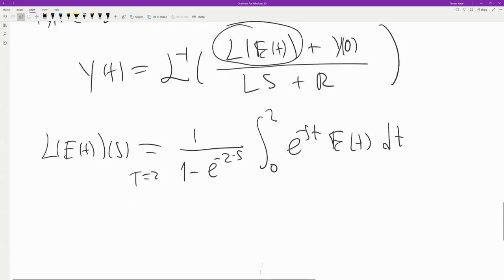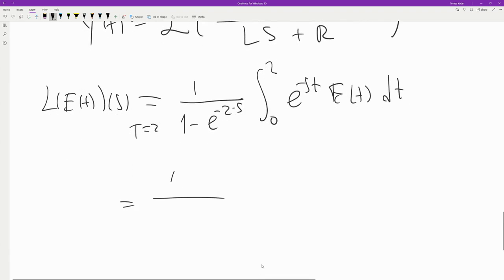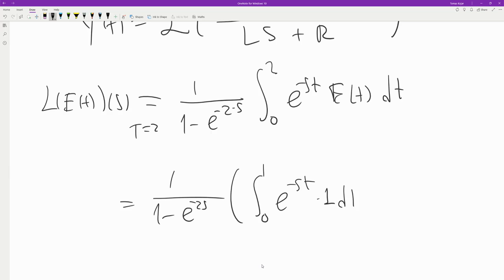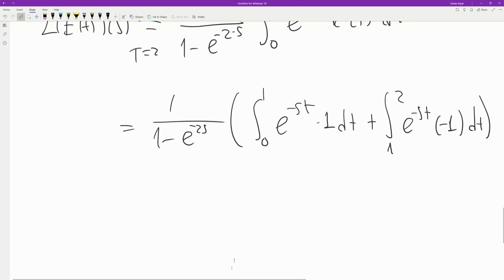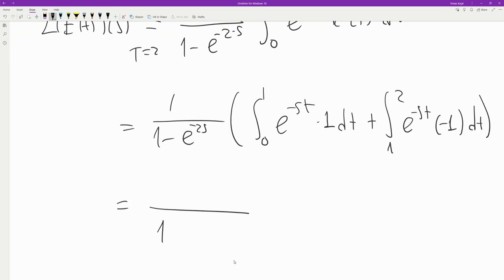Okay, so how do you do this? You split the integral. From 0 to 1, you know that the function is 1, and then from 1 to 2, you know your signal is -1. Okay, so I did the computations, and you get 1 minus e to the minus s over 1 plus e to the minus s.